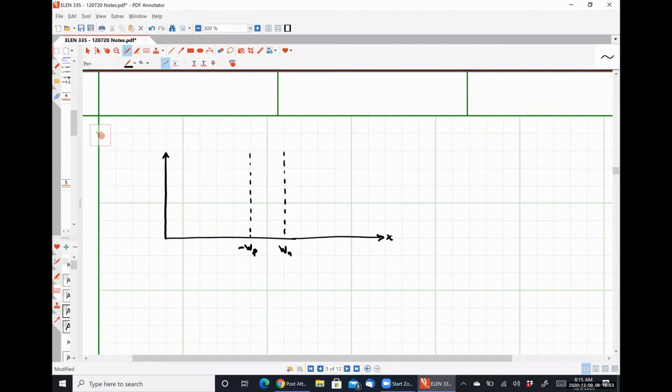If we, let me use red for electrons. We should see that the current as a function of position does something like this.